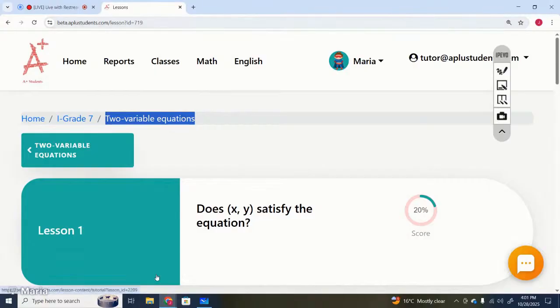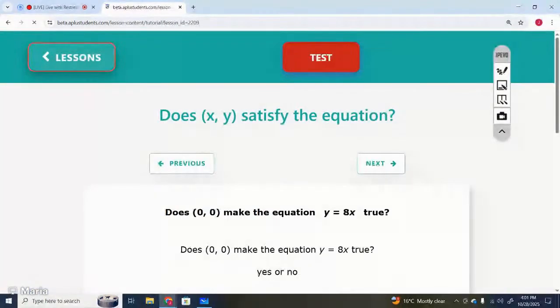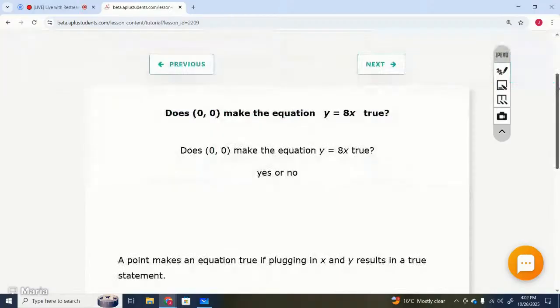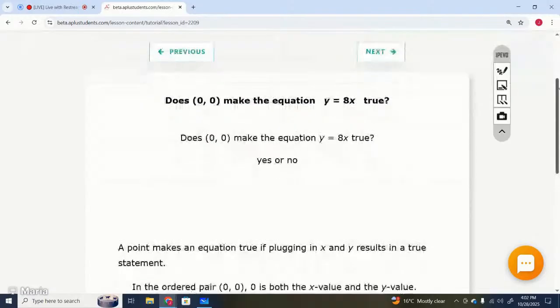Let's start with the first lesson, that is, does xy satisfy the equation?